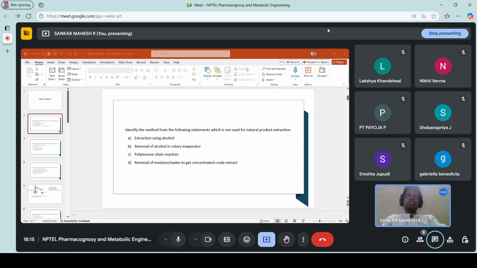Let's consider the case of flavonoids. They are soluble in ethanol, methanol, and DMSO, dimethyl sulfoxide, rather than water. This is because of their chemical nature, and that is why merely adding water is not going to help. Which is why we will use alcohol for extracting. Was that clear?